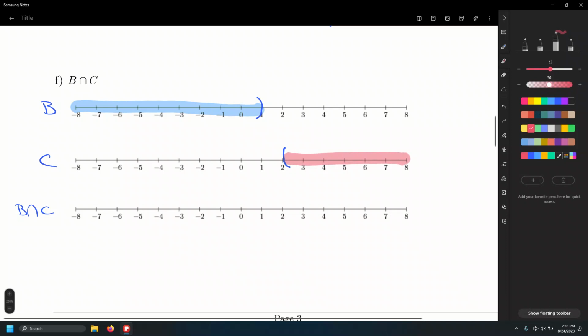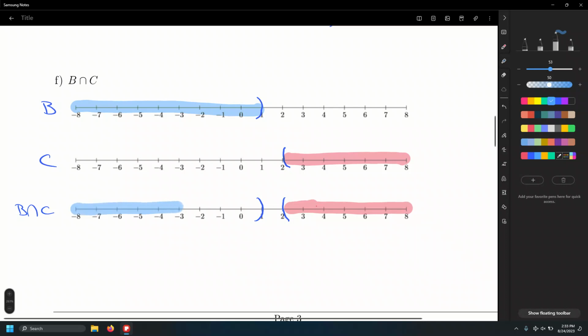Putting these two together on the same number line, as we've been doing, something interesting is going on here. So that's going to be like this and like that.